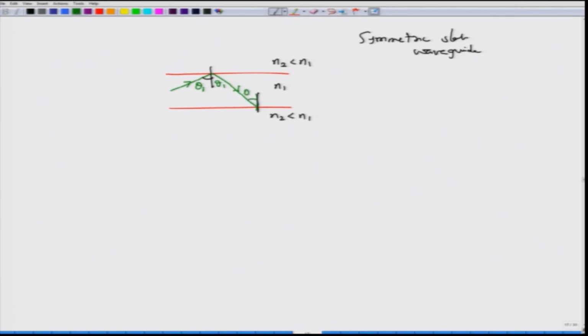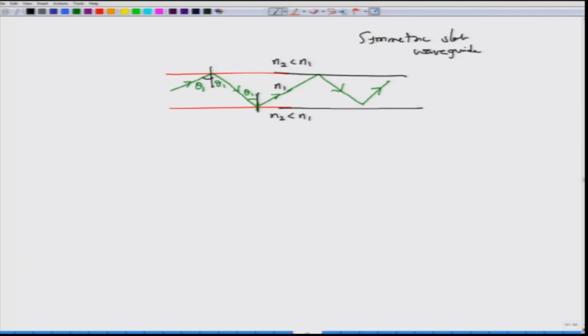So, this would also be theta 1, and therefore, light would be reflected back from this. So, the net effect is that after a few zigzag reflections, the light would then arrive at the receiver.